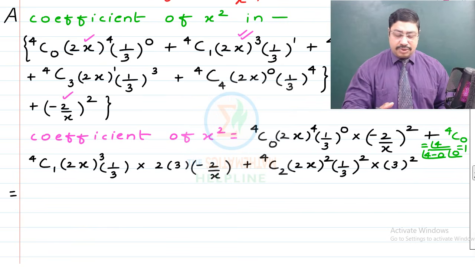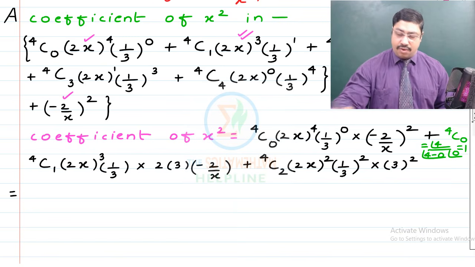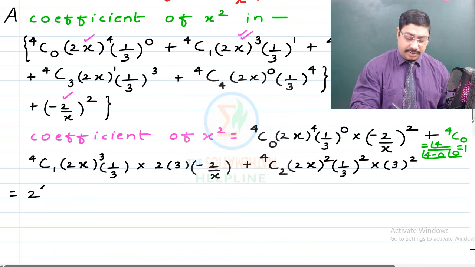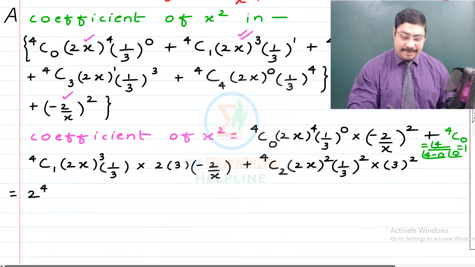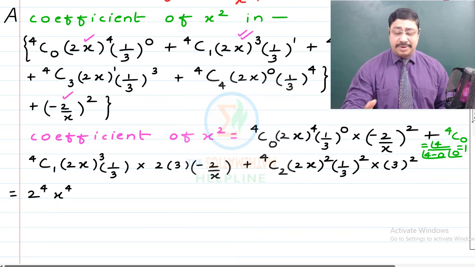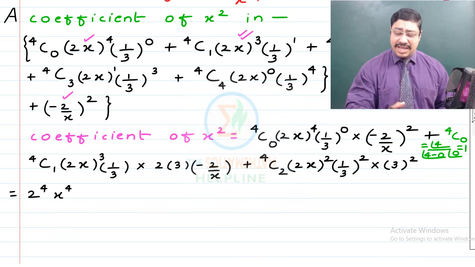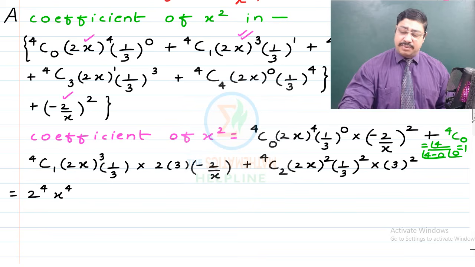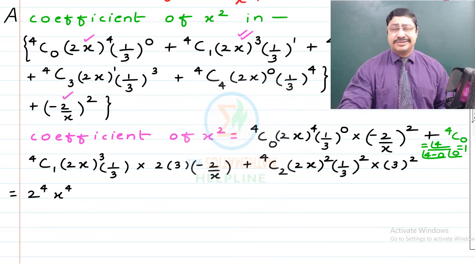Next now, children, what we do is we talk about the numbers which are next. So there's 2 raised to the power 4, which is going to come over here, right, as the first constant. Then we have x raised to the power 4, and we have 1 upon 3 raised to the power 0, and any number raised to the power 0 is 1. As such, it will vanish into thin air because 1 is the multiplicative identity. Now it is multiplied with minus 2 upon x whole square. Now minus is just the same as minus 1, and when squared, it will become positive, right?